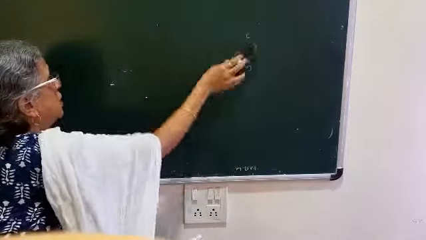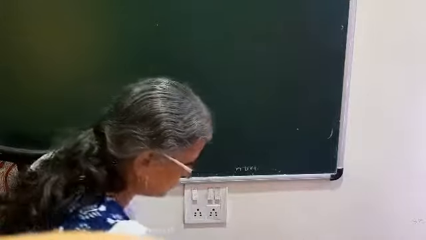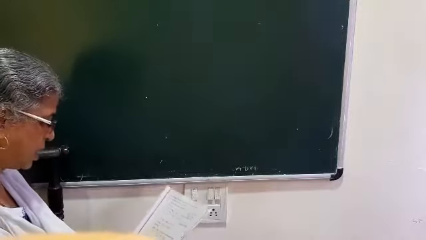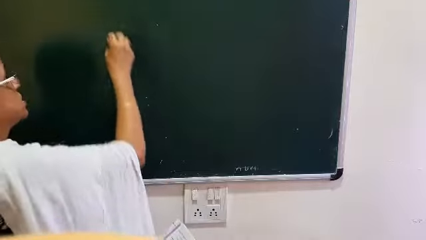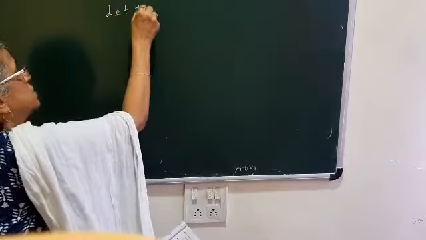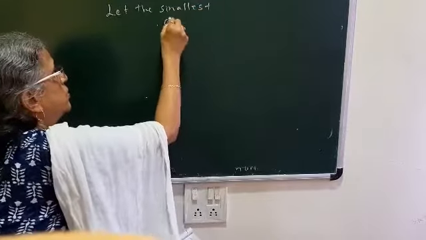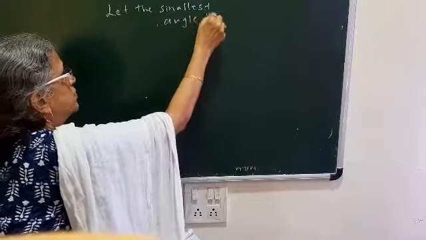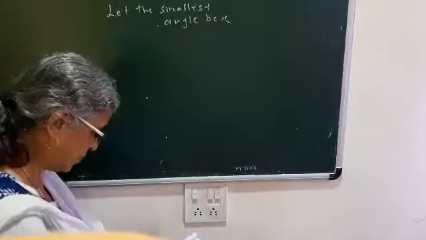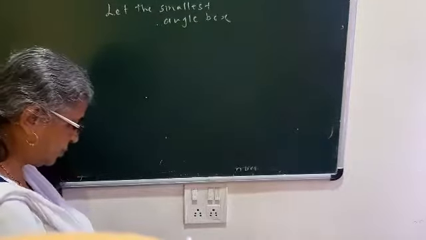So again here we are going to solve this by method of assumption. So we are going to consider, let the smallest angle be x. Therefore, the measure of one angle will be 2x.